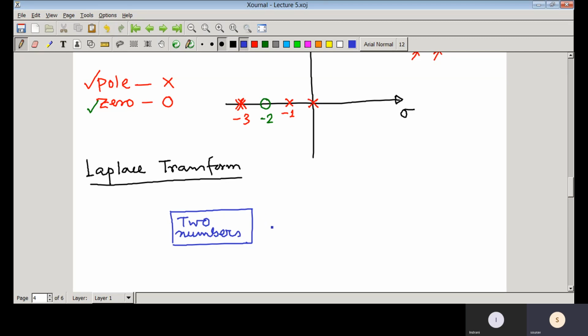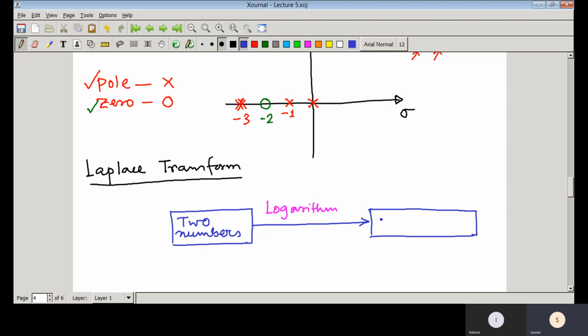Now, if you take that logarithm here, then what do you get? You will get the logarithm of that function.